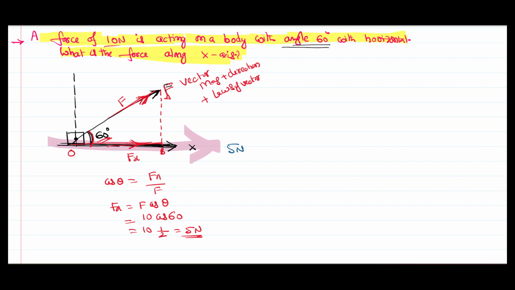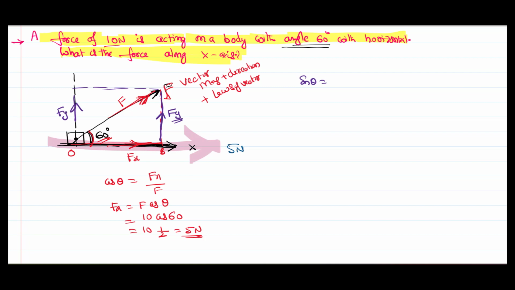Similarly, you can find out how much of the force is acting along the y-axis by finding the y component. This is the y component, Fy, and since this is a parallelogram, this also will be equal to Fy. To get that Fy, I can take sine theta in the right angle triangle.